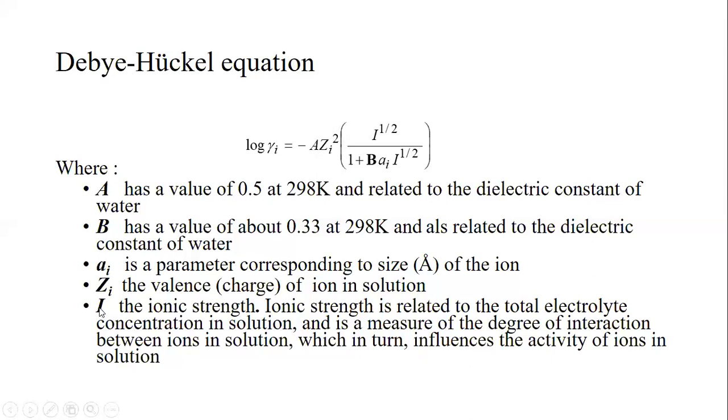So the ions in solution, the more there are ions, the more they will interact, whether positive, negative, they affect each other. So this term, which we call the ionic strength, is related to the total electrolyte concentration in a solution, and it measures the degree of interaction between these ions. The more they are there, the more interaction. The fewer ions there are, the less will be the interaction. We will know how to calculate this in a minute.